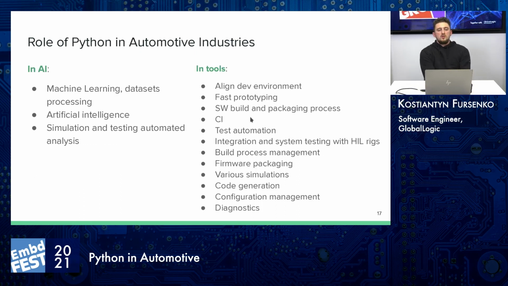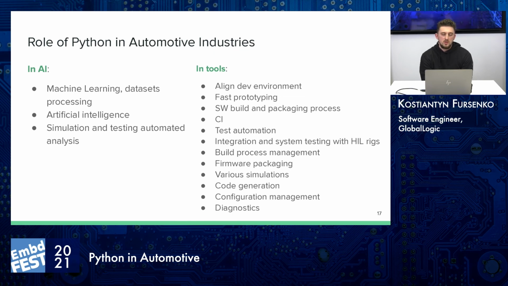So we have those roles of Python in Automotive. It's mostly used in AI and in tools. In artificial intelligence, it's used for developing systems based on machine learning and dataset processing. So artificial intelligence is becoming more and more important.